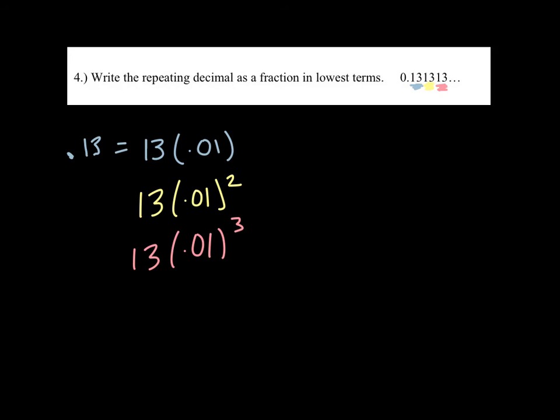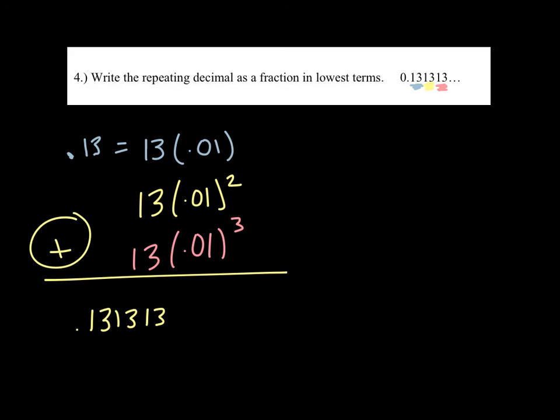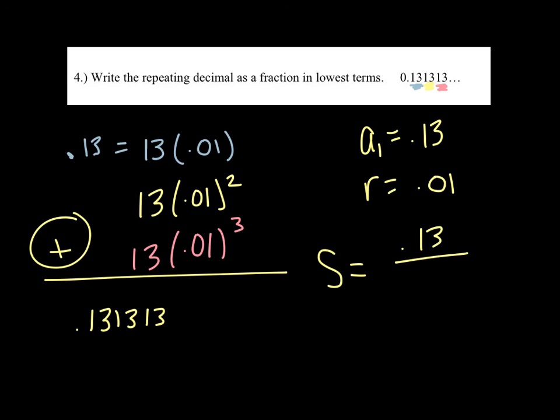And you guys can add them all up, and that gives you that repeating decimal. We add them, so it's a sum. So the ratio is what you're multiplying by, the 0.01. So you could say that your A sub 1 would be 0.13, the first repetition, and your ratio is 0.01.